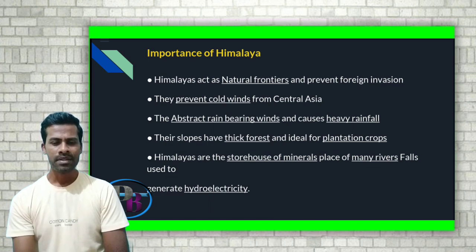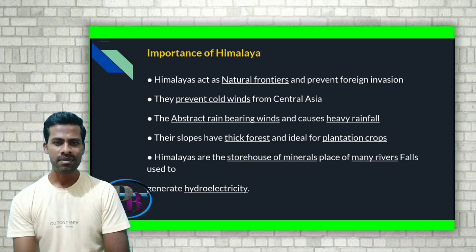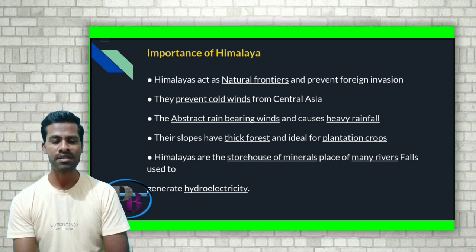And the Himalaya stops rain-bearing winds and results in heavy rainfall in northern states, for example Bihar, Uttar Pradesh, and many more. Because of the presence of higher mountains, orographic rainfall takes place there.